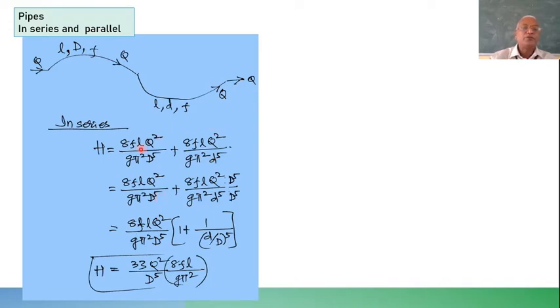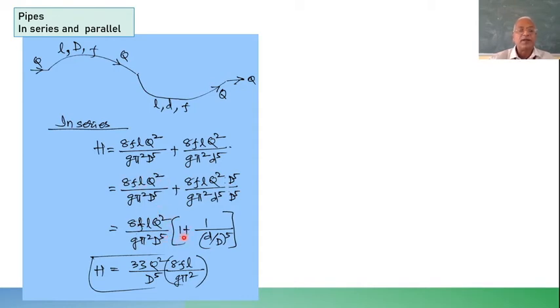Now just to rearrange, I have kept the same thing here, but multiply and divide by D raised to 5, and now I take this particular term as a common. So 8 f L Q squared divided by g pi squared D raised to 5 as a common.